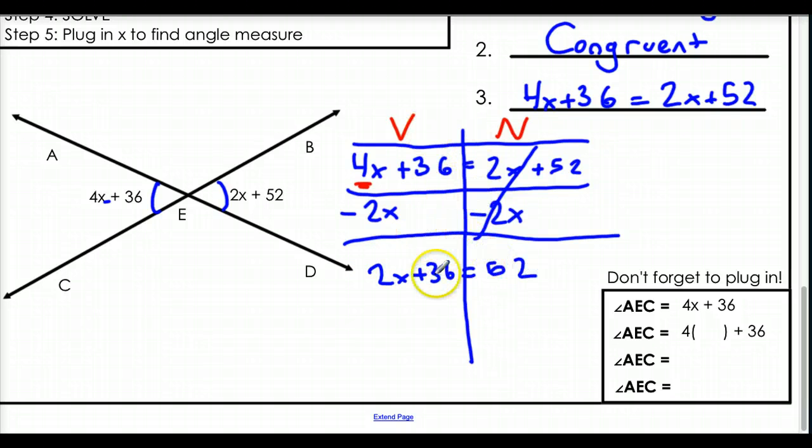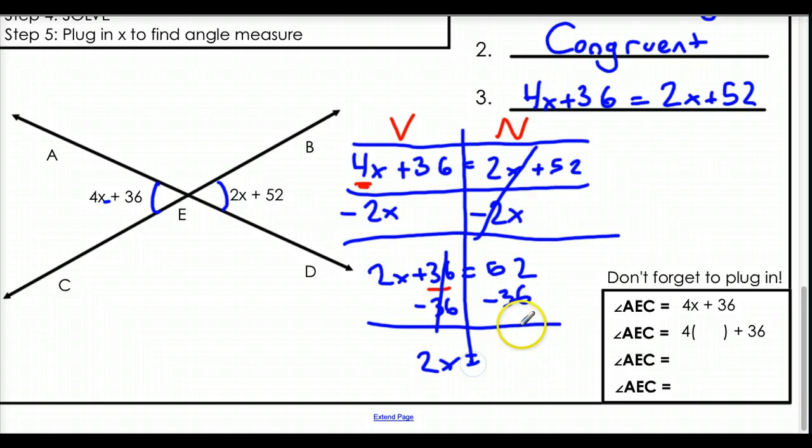Now we have this number over here on the variable side, so that has to move over. We use the opposite operation to move it over, and that goes away. So we get 2x is equal to 16. Finally, we divide by 2 to get our last number over, and we get x equals 8.